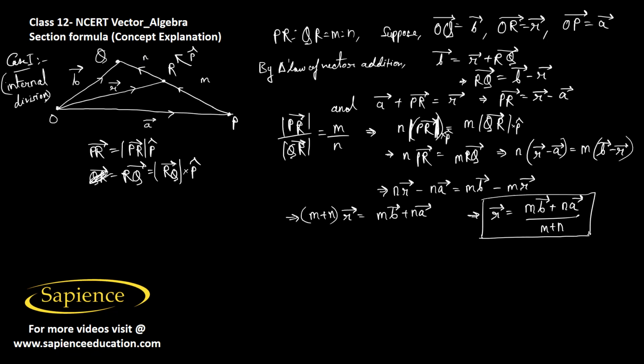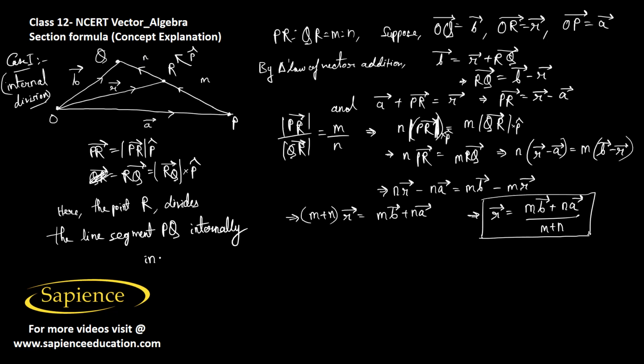It means the point R divides PQ in the ratio M is to N. Here the point R divides the line segment PQ internally in the ratio M is to N.